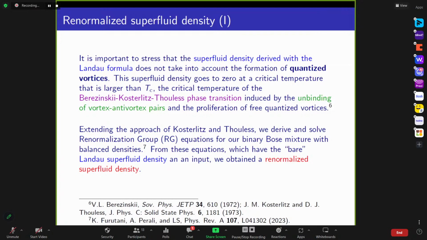So inserting the Landau superfluid density as an input in the renormalization group equation of Kosterlitz-Thouless, at the end of the calculation you get the renormalized superfluid density, which has the nice property of going to 0 at the Berezinskii-Kosterlitz-Thouless critical temperature. And this is exactly what we did in a recent paper published in Physical Review A.